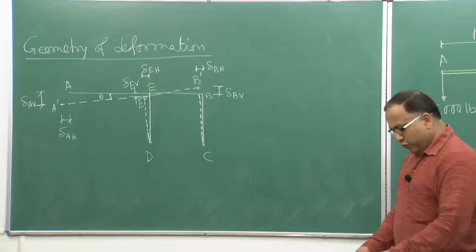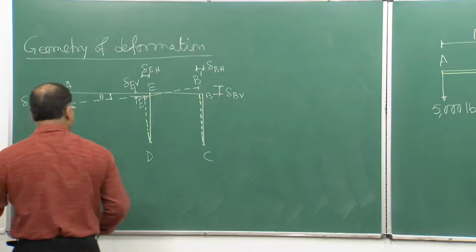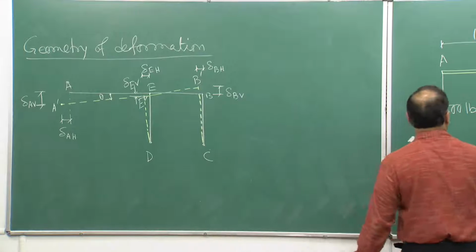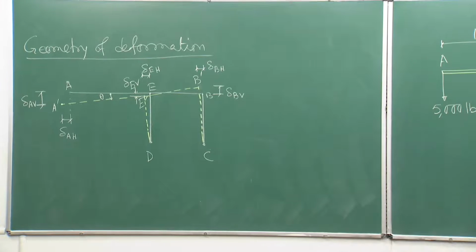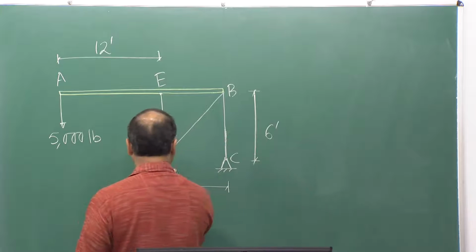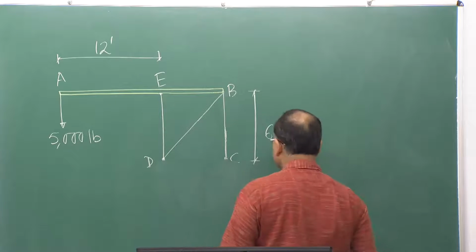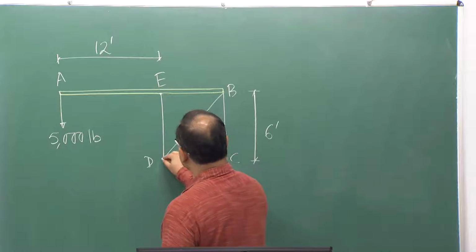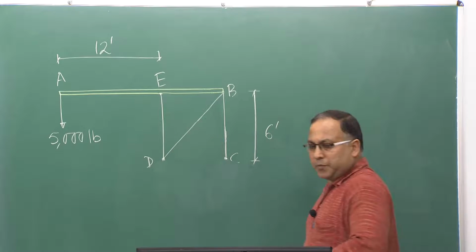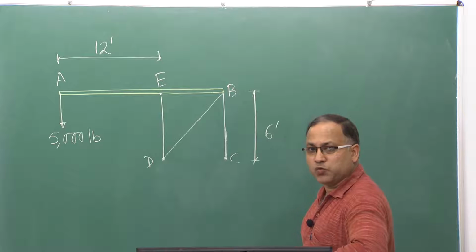Now, if you try to find out the free body diagram of the system, what should I do? I should remove these supports with the reaction forces. As I told you, this BC is the two force member.